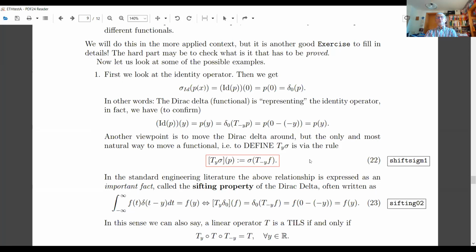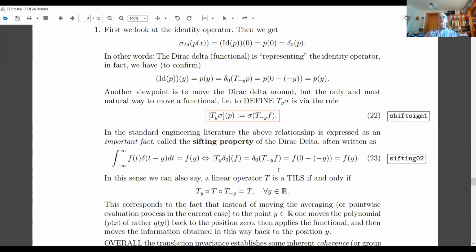Ty of sigma applied to P is obtained as sigma at Ty of P, the same input argument. So what do you expect if you shift the Dirac at 0 to the position 5? If you write as an engineer probably delta or delta 0 with the argument t minus 5, because that would move everything. That's exactly consistent with this definition.